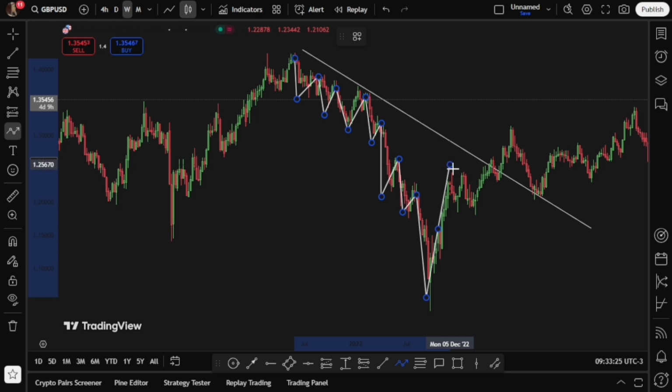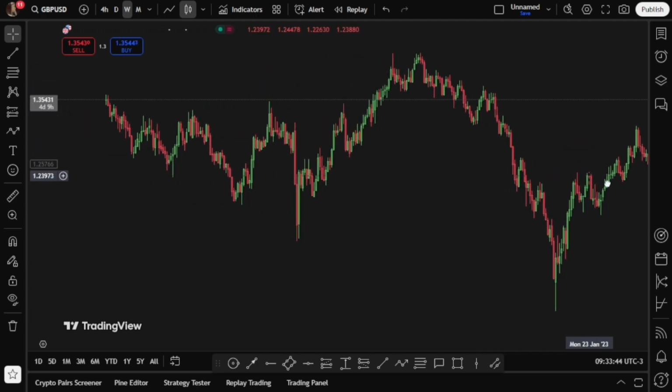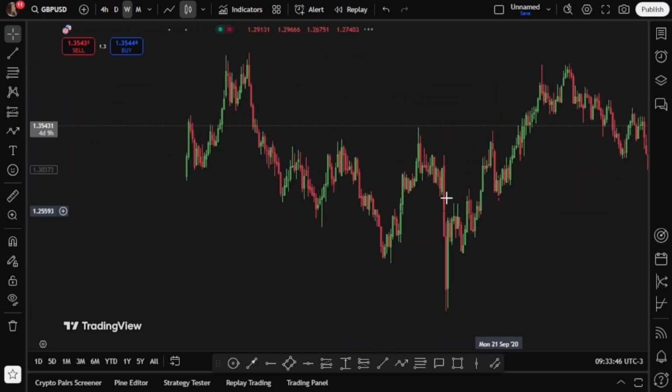A higher high, and then created a new structure, the higher low, the higher high, the higher low, another higher high, higher low, higher high. So there you have it. I've identified both the downtrend and a good uptrend for you guys.